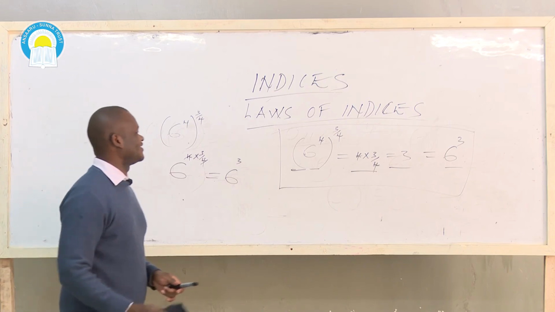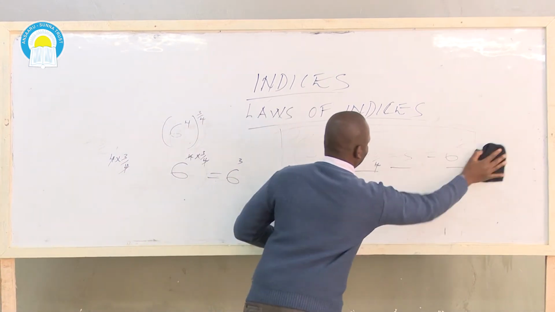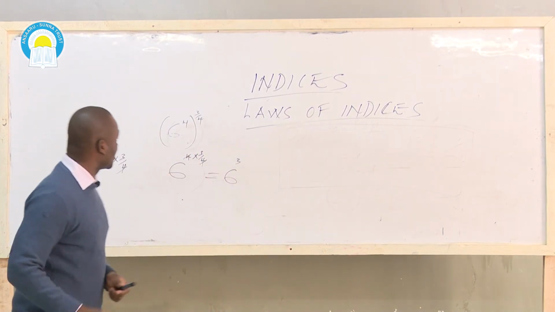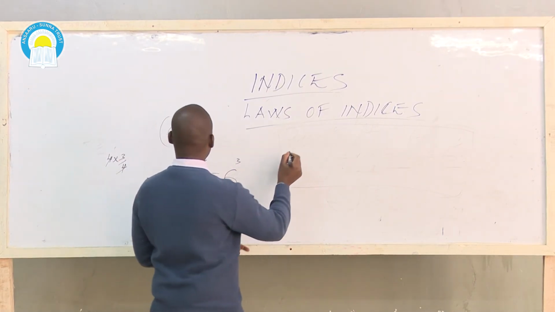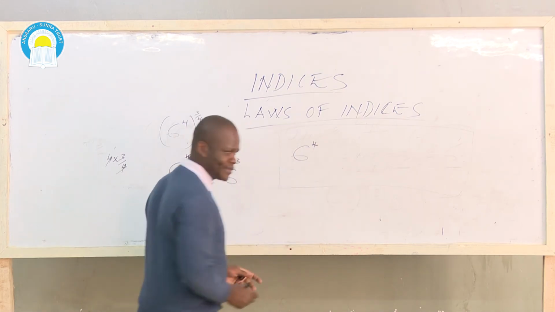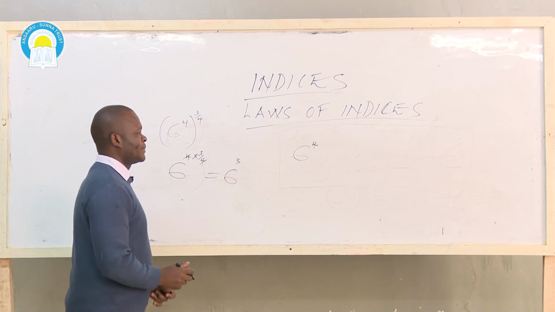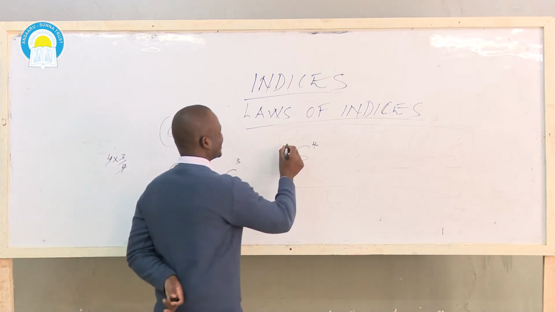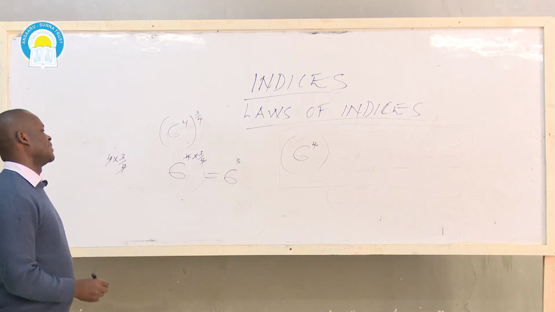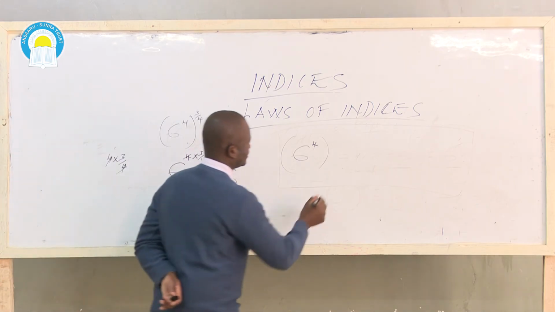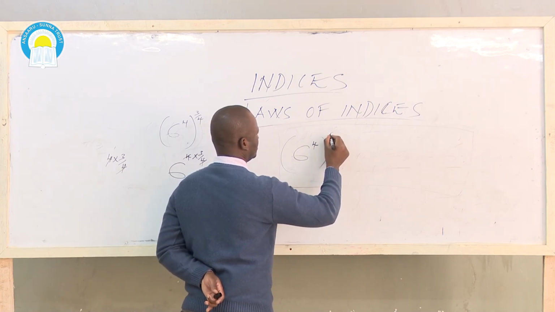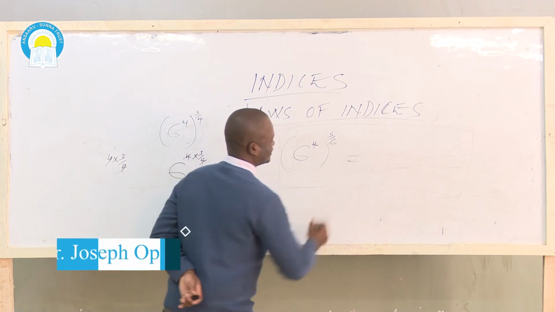Another mistake is this. You give a student such a question as 6 power 4 and then raise it to the power, let's say, 5 over 6.